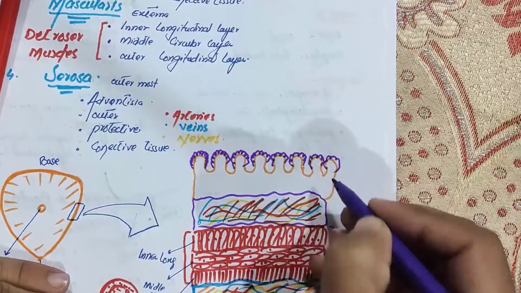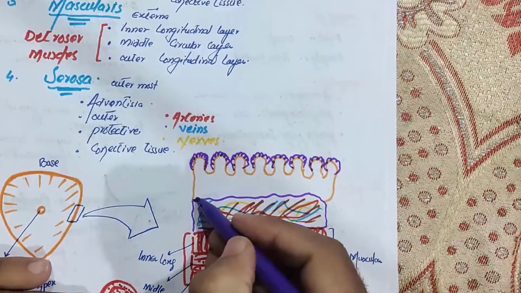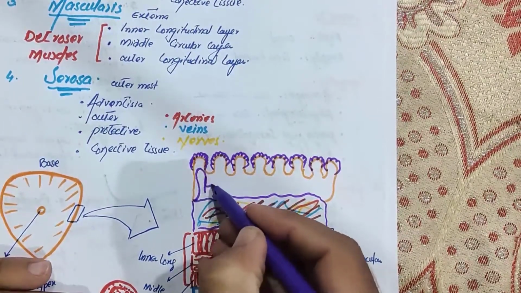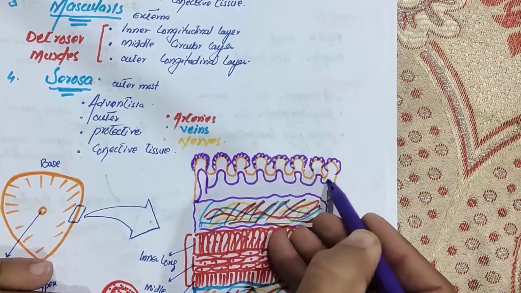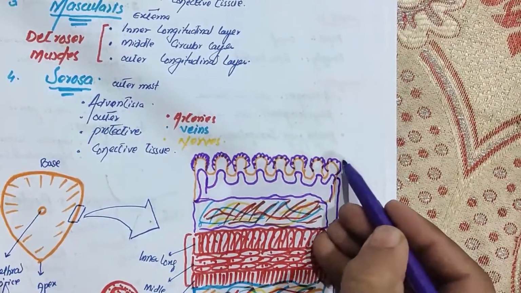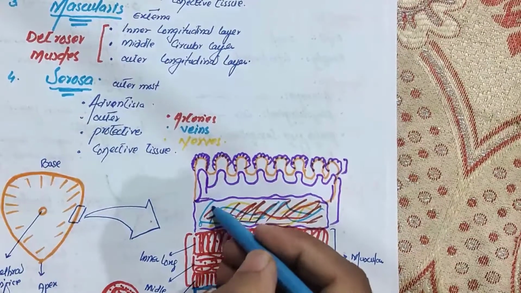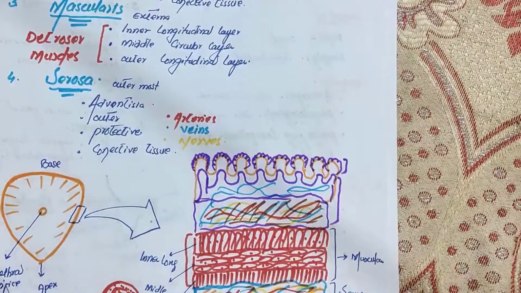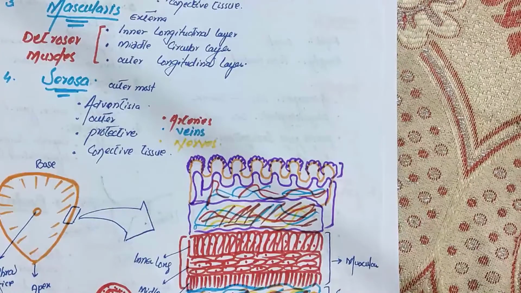So these are those epithelial cells, and inside it is this lamina propria. Look carefully. Here are the projections of the lamina propria. So this whole diagram, this is the lamina propria, and this is the serosa and mucosa. Also the veins, capillaries and arteries go inside that. These are the blood vessels. So this is the transitional epithelial layer.